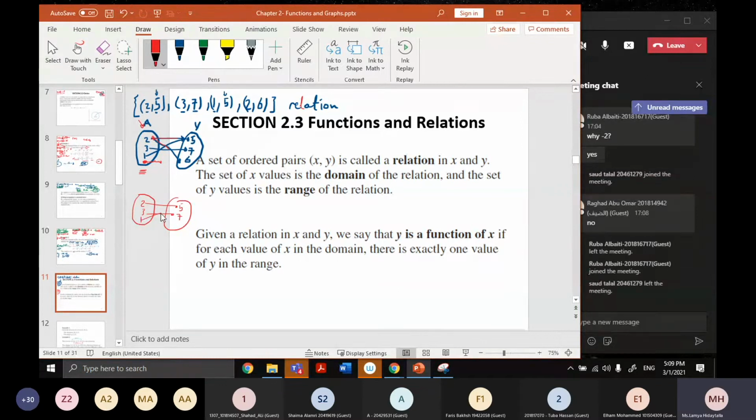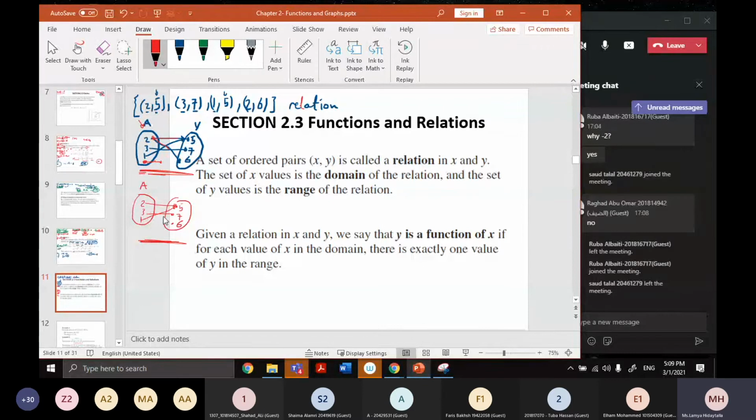Okay, and 1 is mapped to the 5 like this. Okay, and I can even leave the 6 like that without a map. What's the difference between this one and this one here? Here, every element, first of all, in A is mapped. Every element is mapped.